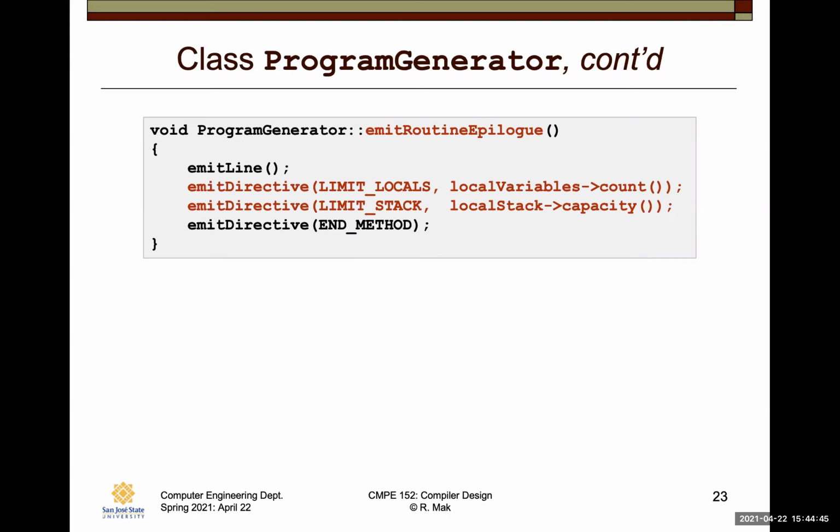Remember, that was an invoke static instruction that will then call the function. And then right after that, if it was a function and not a procedure, the function would have left the return value on top of the operand stack, and after the code to call the function, you generate whatever code you need to make use of that return value that's sitting on top of the operand stack.